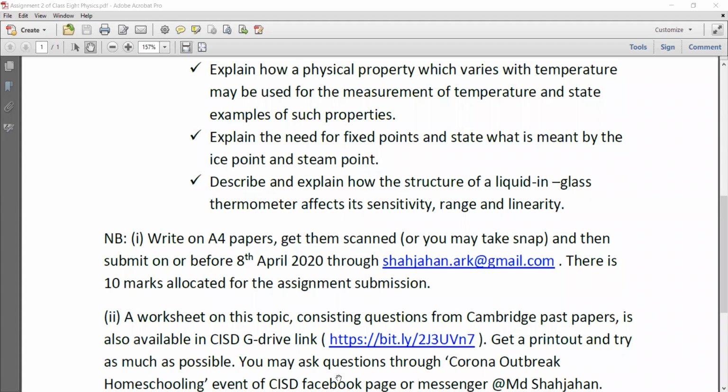Now, look, the capillary tube which has a narrow bore, or narrow radius, the liquid level will rise more there, right?